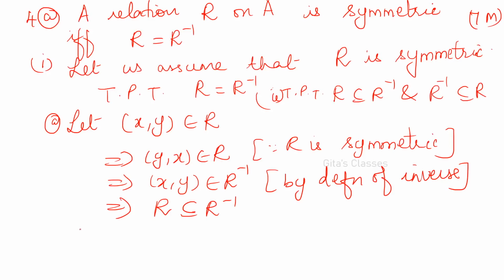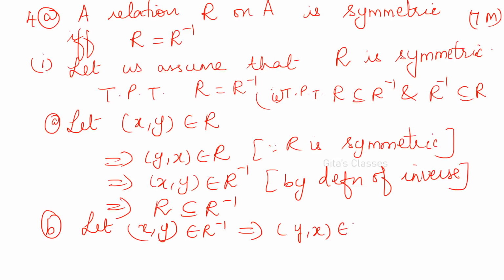Okay, so next, let us assume that you take one element x comma y from R inverse. X comma y belongs to R inverse means y comma x belongs to R, right? Because of inverse, by definition of inverse.